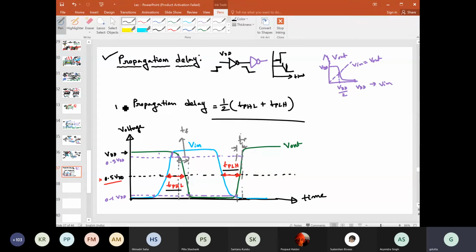Fine. So if you are asked to find the propagation delay, then you should know both of these to find the propagation delay of a particular gate. Okay, I hope this part is clear to you.